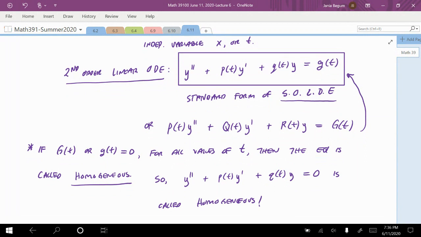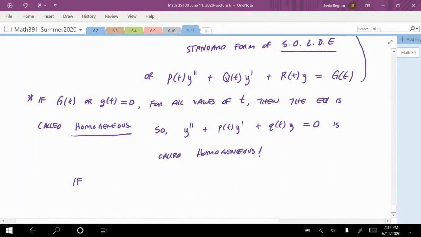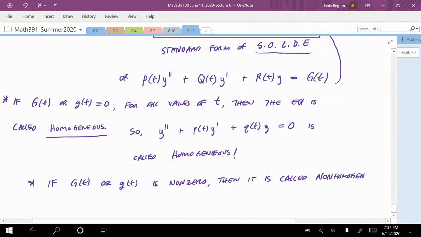And if g of t, or the little g of t, is non-zero, then it is called non-homogeneous. Okay, so that's just another term to keep in mind.